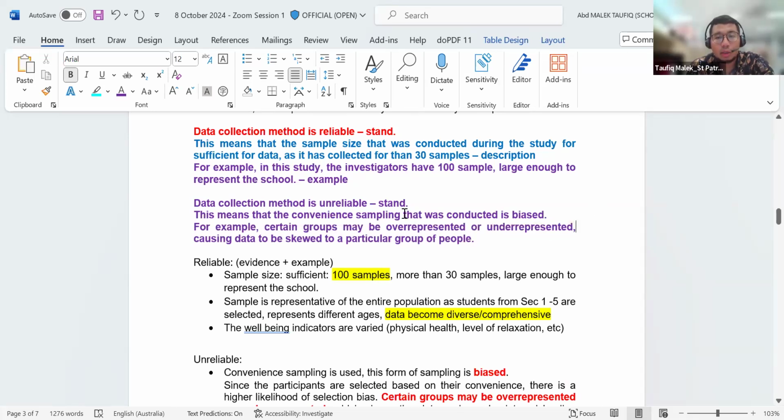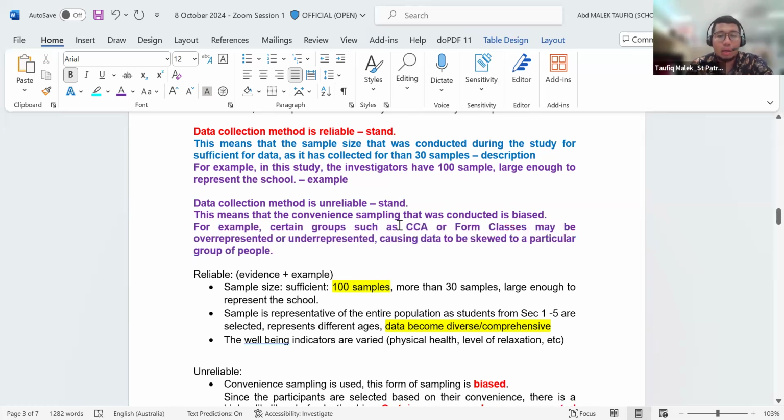For the example here, you can say certain groups such as CCA or form class may be overrepresented or underrepresented. So it shows that you are able to provide a certain group of people in a particular school.